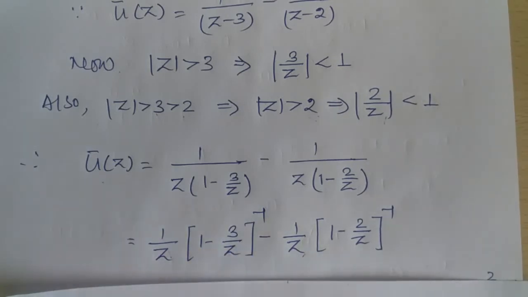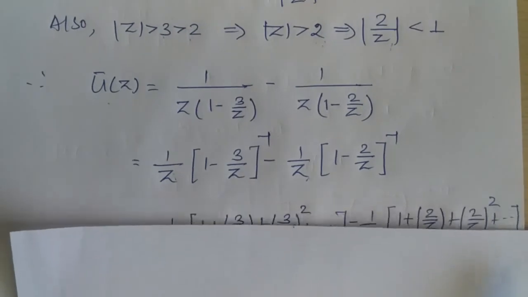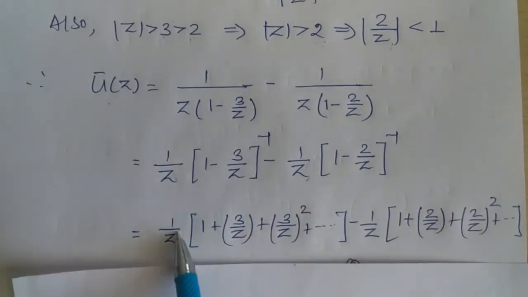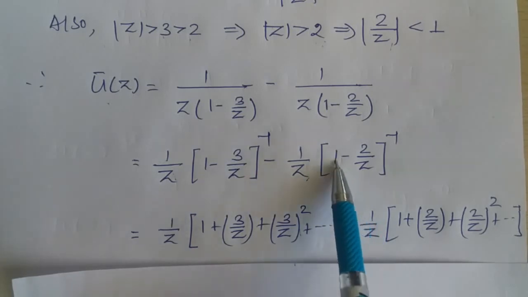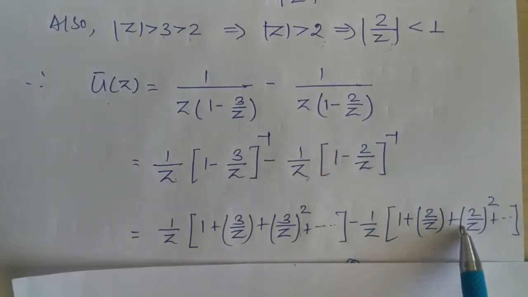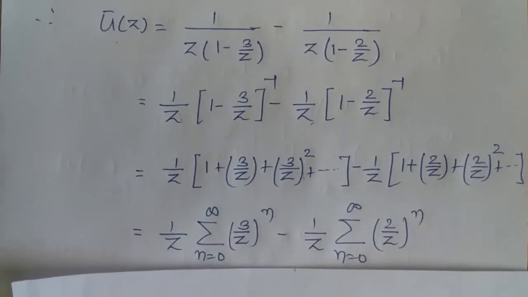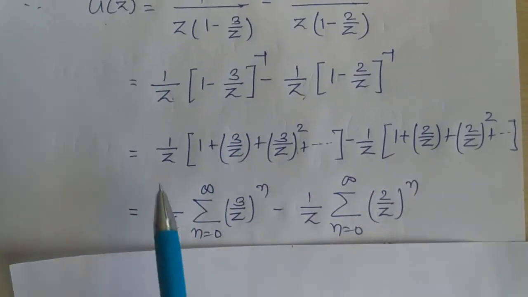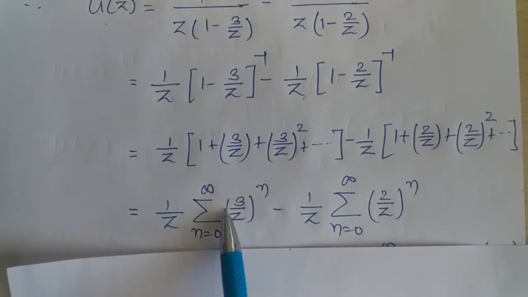Expand these two using binomial expansion theorem, 1 minus x whole inverse, we get 1 by z into 1 plus 3 by z plus 3 by z square plus 3 by z whole cube and so on, minus 1 upon z, here the expansion is 1 plus 2 by z plus 2 by z whole square and so on. In form of summation, as usual we write 1 upon z as it is, summation n goes from 0 to infinite, 3 by z whole power n.